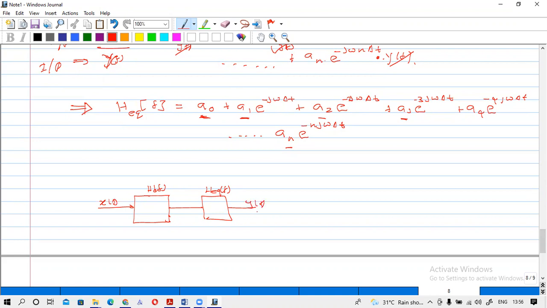This Y(t) should be distortionless. To be distortionless, this whole system transfer function H(F) should be equal to K e to the power minus j omega t_d.